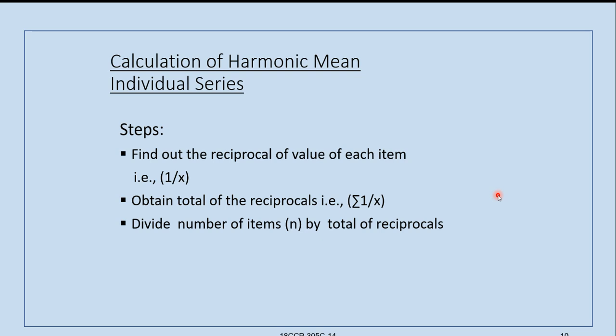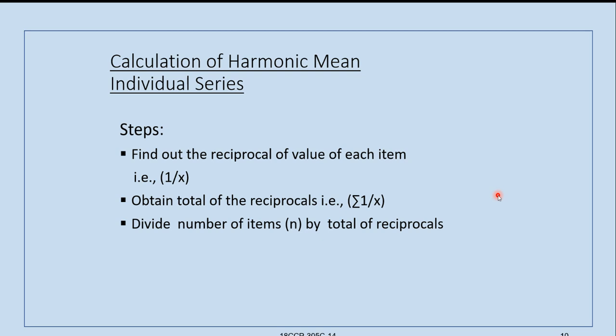First step is to find out the reciprocal. Here, as we know, we will have one column for series and the second column we take as 1 by x, that is reciprocal of x.